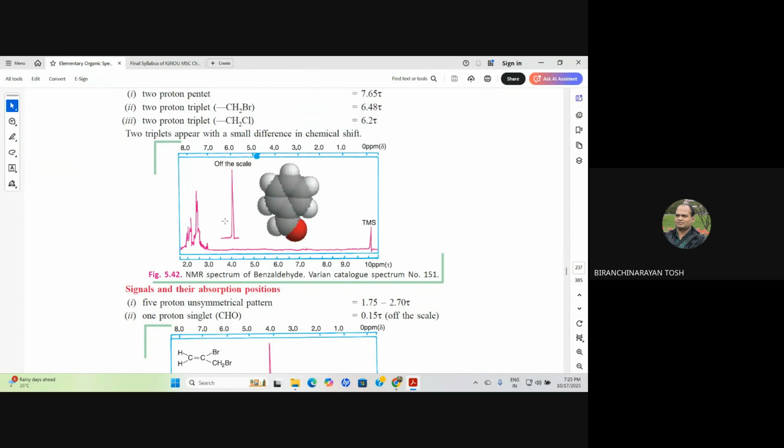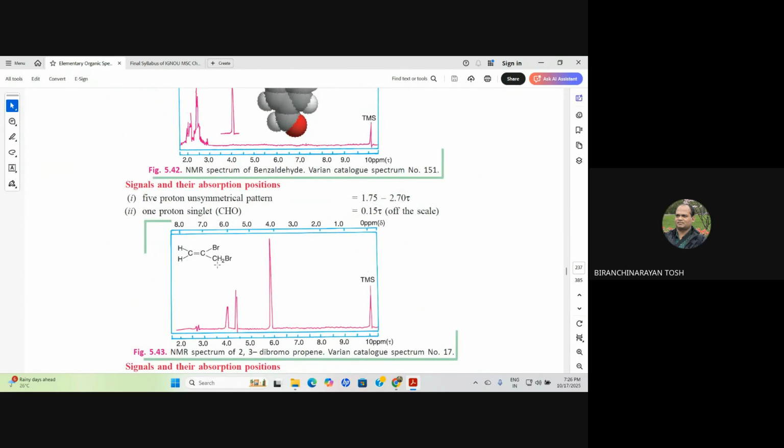They have brought this one to here because it is off the scale, as the scale starts from 2 to 10. So you will get a singlet peak for the aldehyde proton around 0.15.